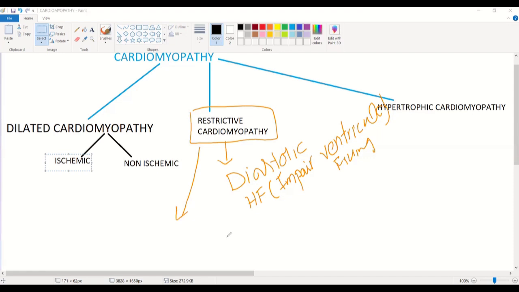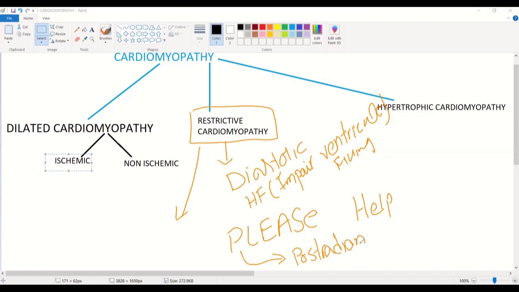There is a mnemonic, PLEASH. You have to cram this mnemonic. P for post radiation. L for Loeffler endocarditis.